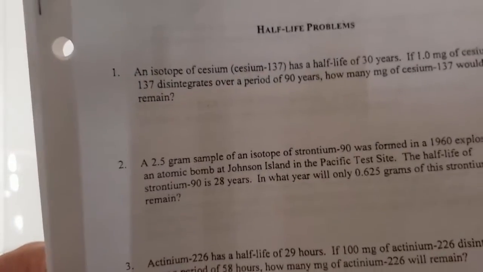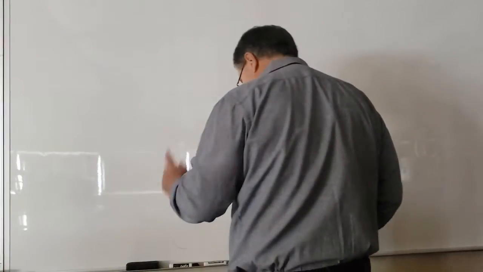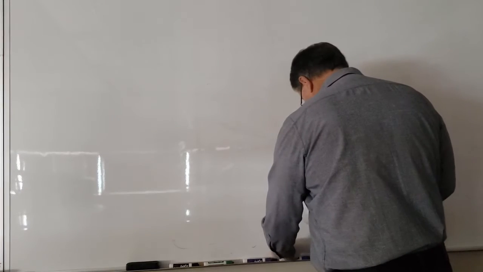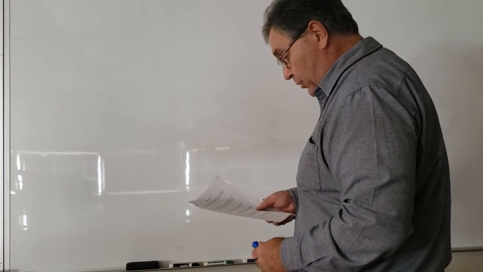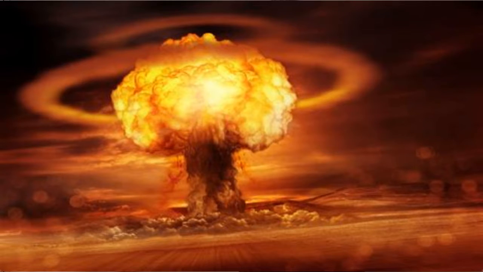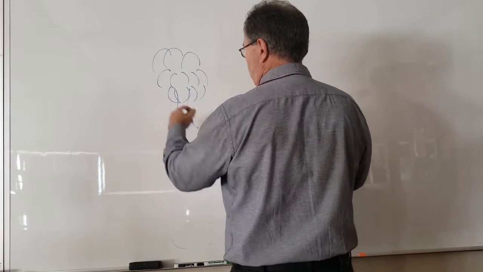All right, we're going to take a look at problem number 2 from the same assignment. It says a 2.5 gram sample of an isotope of strontium 90 was formed in a 1960 explosion of an atomic bomb. Big explosion.